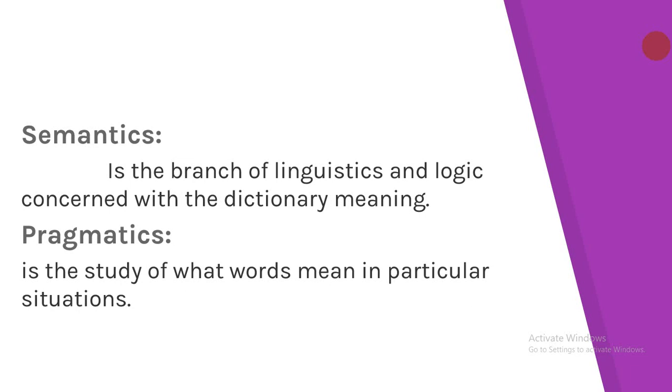Semantics works on the dictionary meaning. Pragmatics is the study of what words mean in a particular situation. A word is used with a particular meaning in a particular situation.